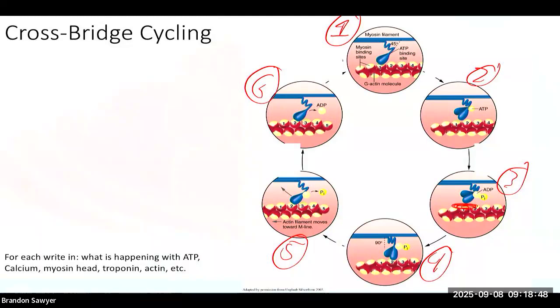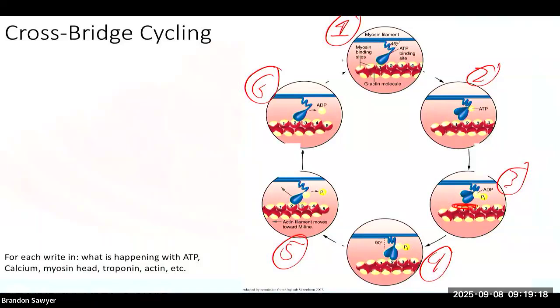That new ATP comes, so the first role of the new ATP coming is to detach the myosin head from the actin, okay? And then the phosphorylation of the myosin head causes it to go from that 45-degree angle to the 90-degree angle, so we're changing the shape of that myosin protein, okay? What else is happening there in number 4? It changed shape and it did what?